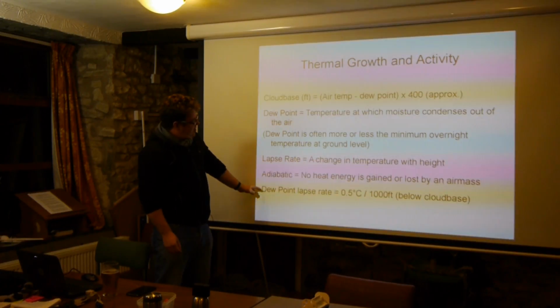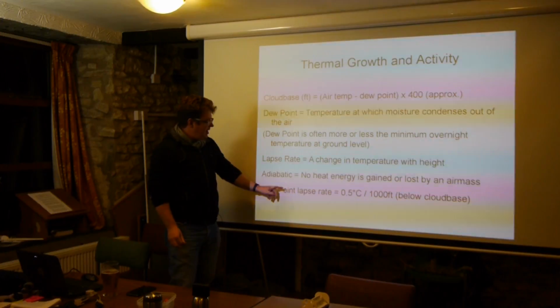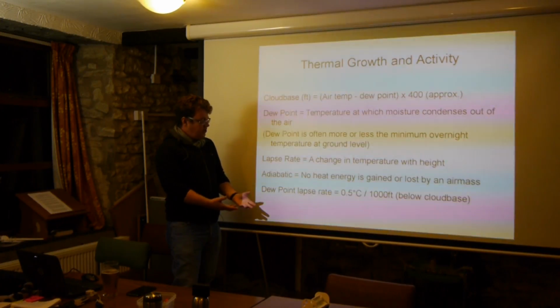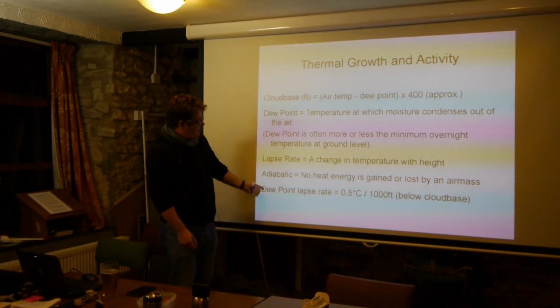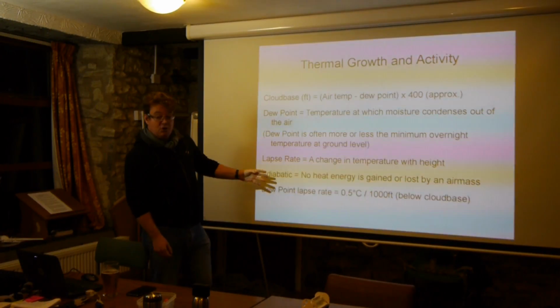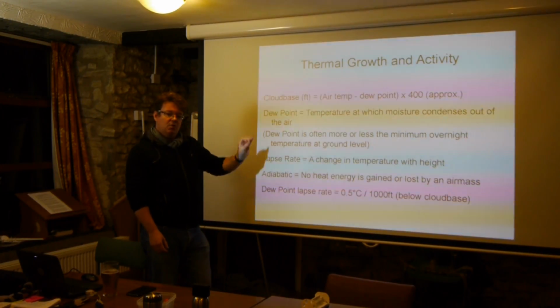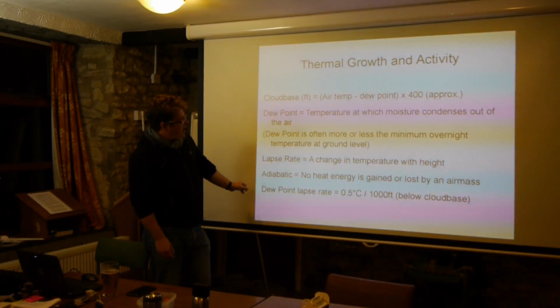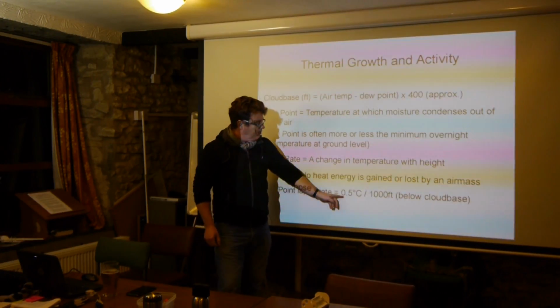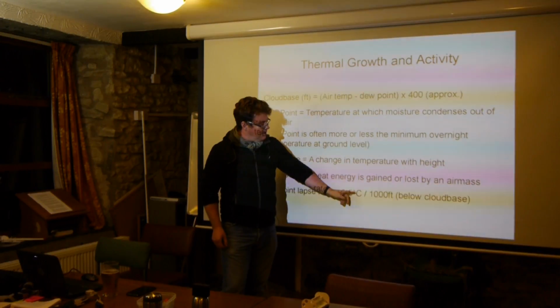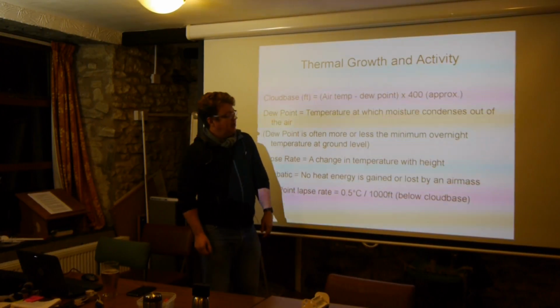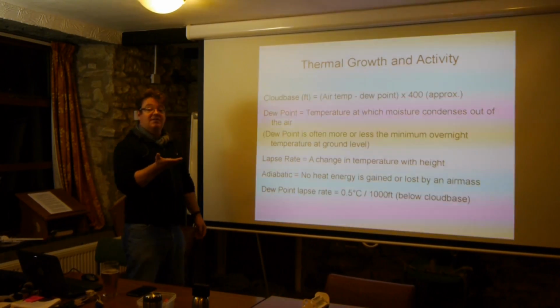And if you want to know a little bit about the dew point in relation to ground level, if you have a certain dew point at ground level, you can say that there's a dew point lapse rate, which is the way that dew point changes as you move up in altitude. Basically the dew point falls by 0.5 degrees centigrade per 1,000 feet up to the point you get to cloud base.